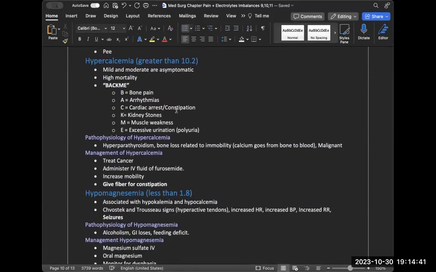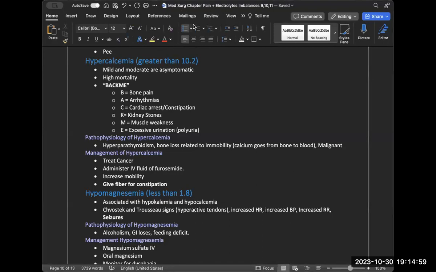Hypercalcemia means a calcium level greater than 10.2, okay? Now we have the mnemonic BACK ME: bone pain, arrhythmias, cardiac arrest and constipation, kidney stones, muscle weakness, and excessive urination, polyuria. I would know all of these, okay? Because all of them are very important.